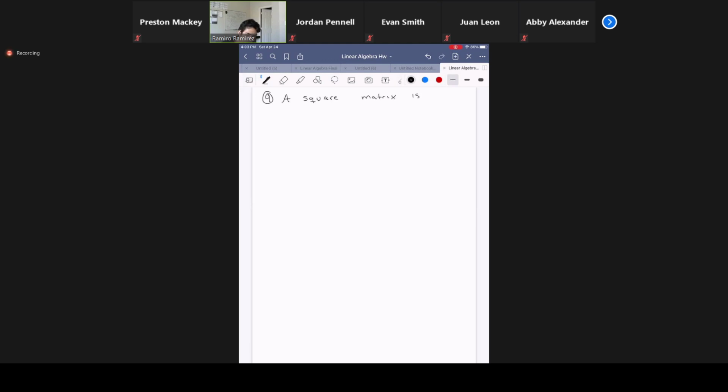It is half magic if the sum of the numbers of each row is the same.